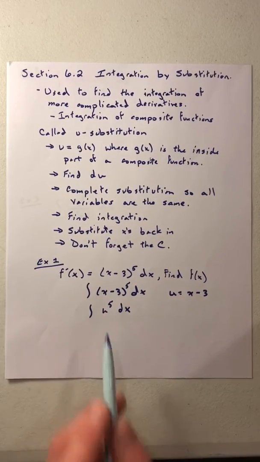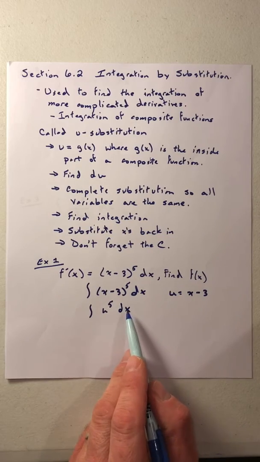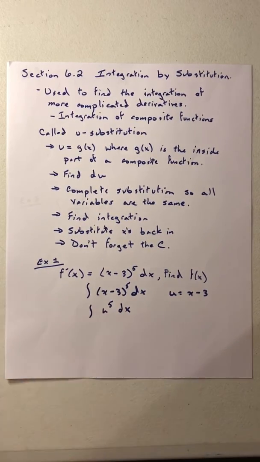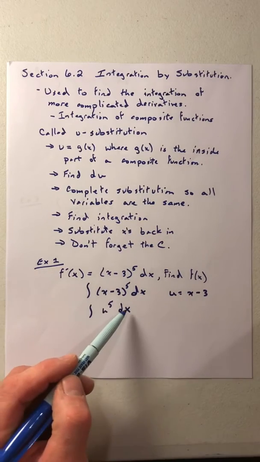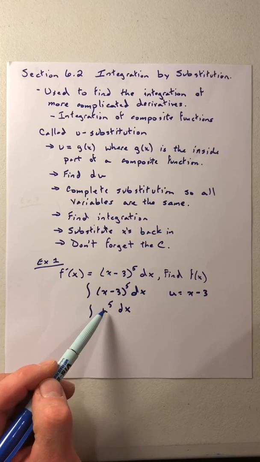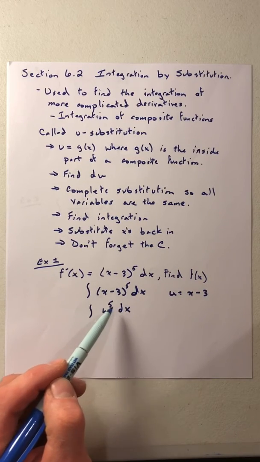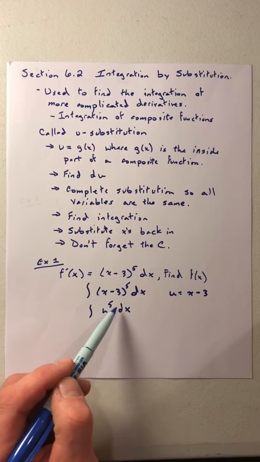The problem here is that we have now u's in our integrand, and our variable of integration, remember, is x. Remember, from the very first days of integration, this variable of integration has to be the same as the variables in the integrand. So I need a relationship between u, or du, and dx.